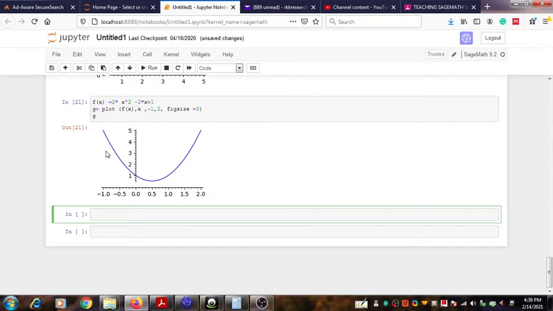But this function has two x values for a particular value of y.